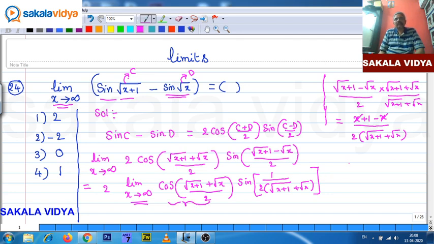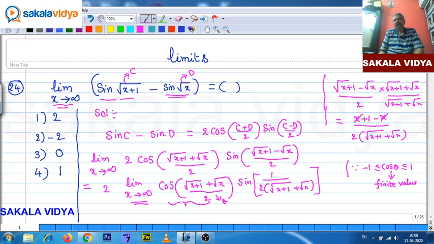Say this value is theta: minus 1 is less than or equal to cos theta less than or equal to 1. That means the value of cos oscillates between minus 1 and 1 and attains a finite value.